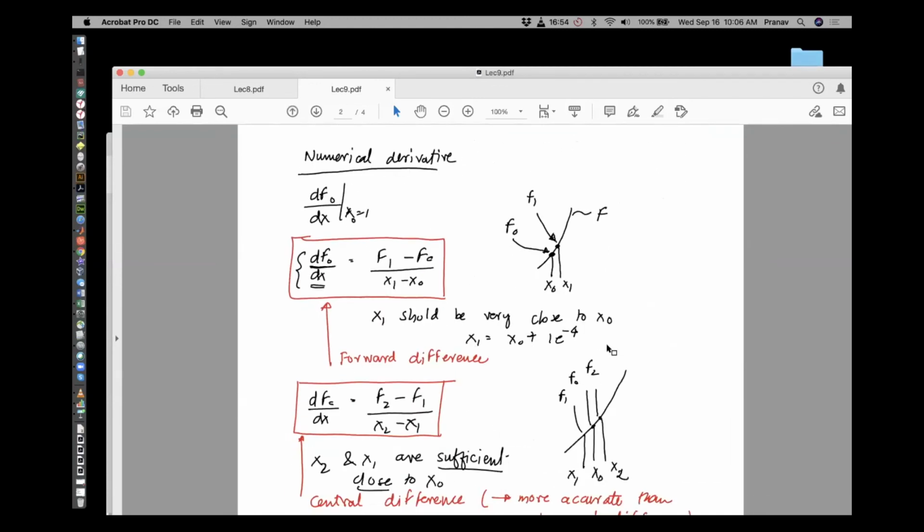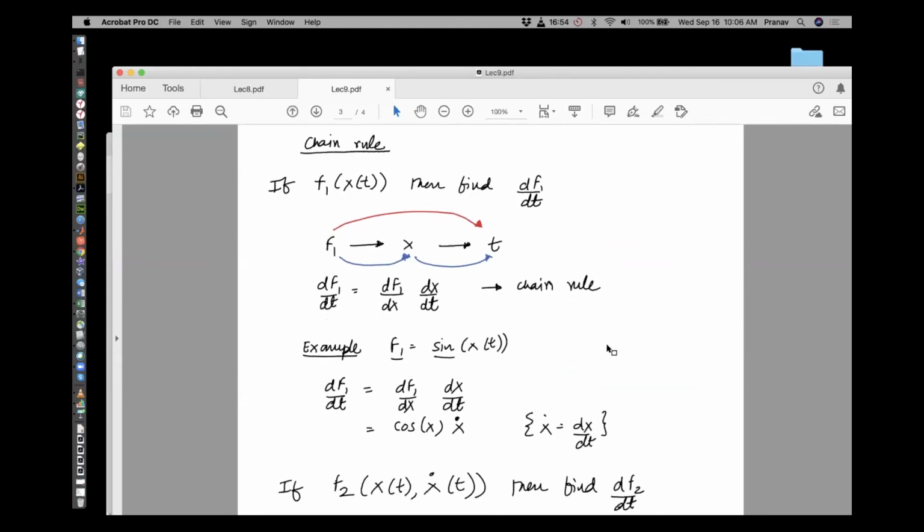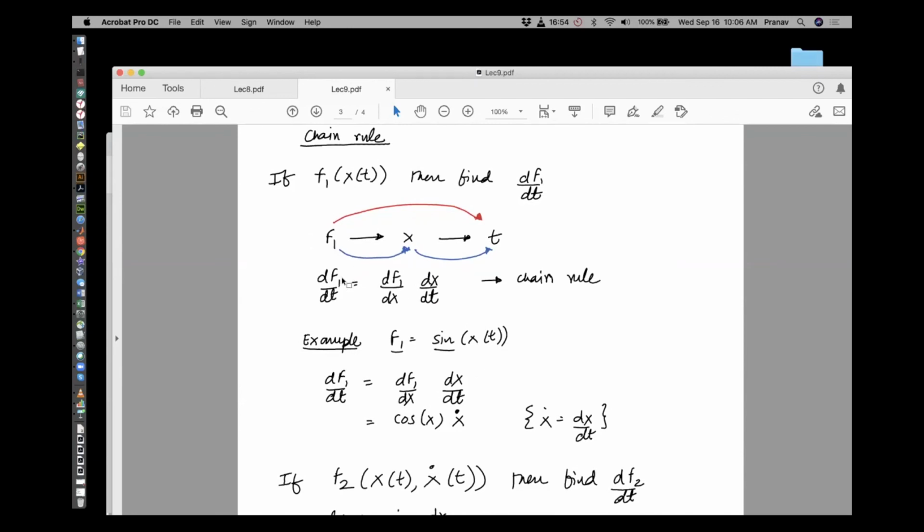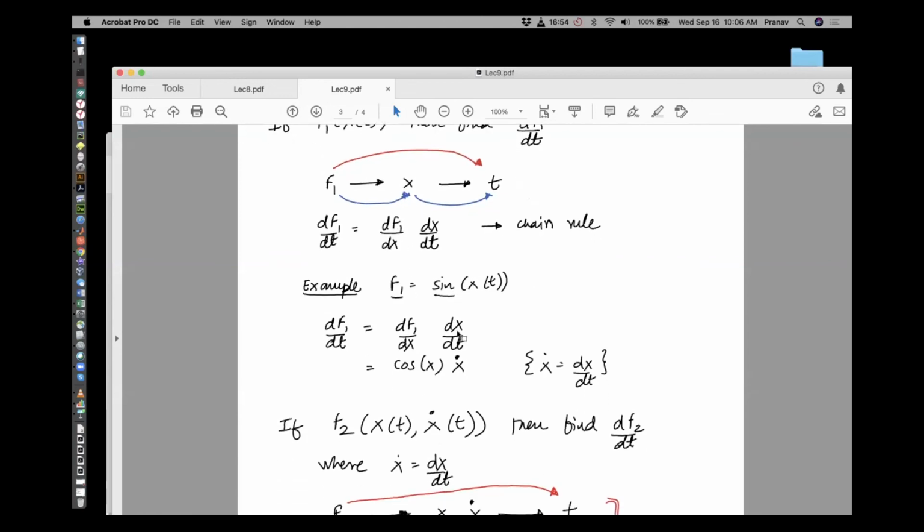Then we went a step further to the chain rule: if you want to find the derivative of f1 with respect to time t, where f1 is related to x and x is related to t, then you need to use the chain rule. The best way of thinking about this is this visualization. If you want to go from f1 to t, which is the red arrow, you go via x, and so it's df1/dx times dx/dt.